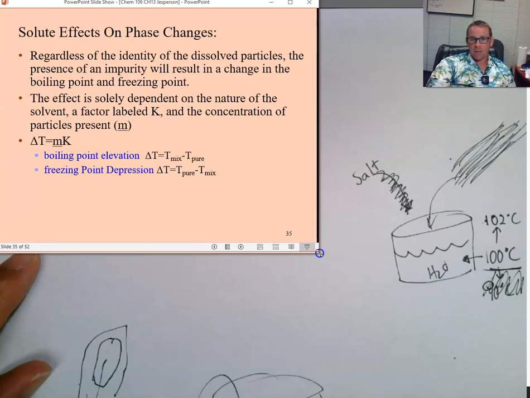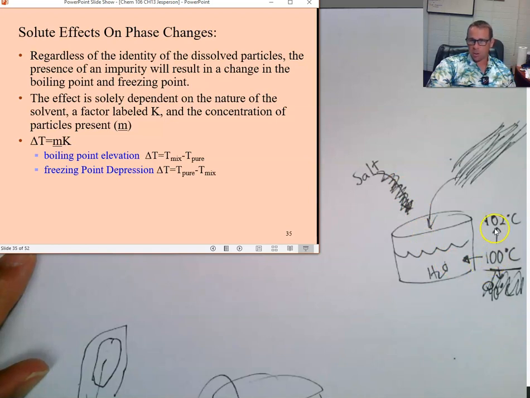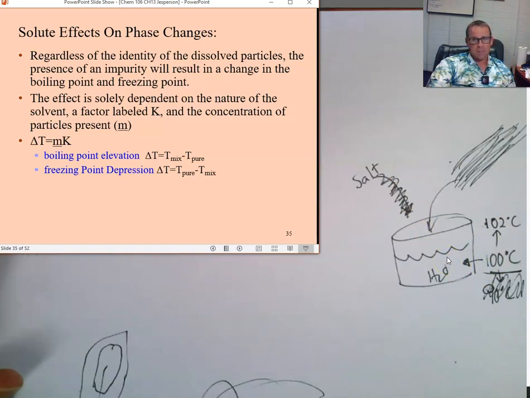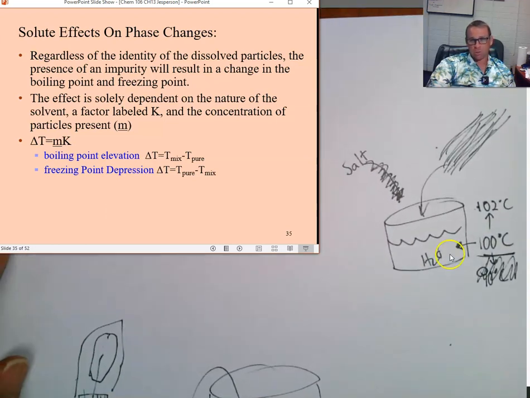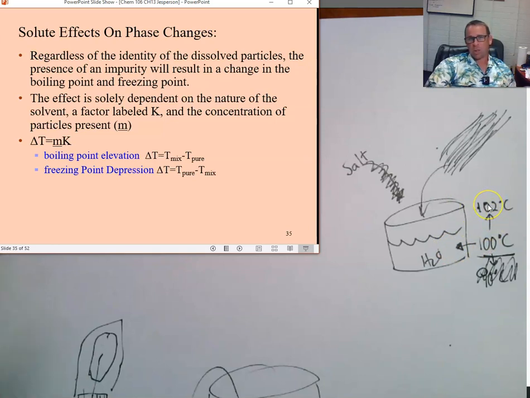And we'll learn that in a question later on, because we find that the amount of salt you would need to make a significant difference in the boiling point of water is far too much, right? Nobody would add that much salt to their pasta water to change the temperature just such a small amount.